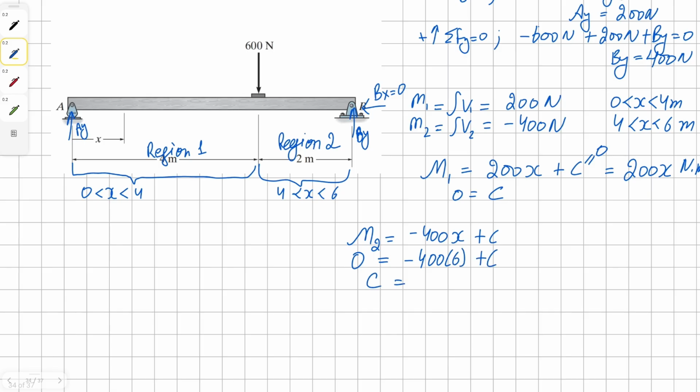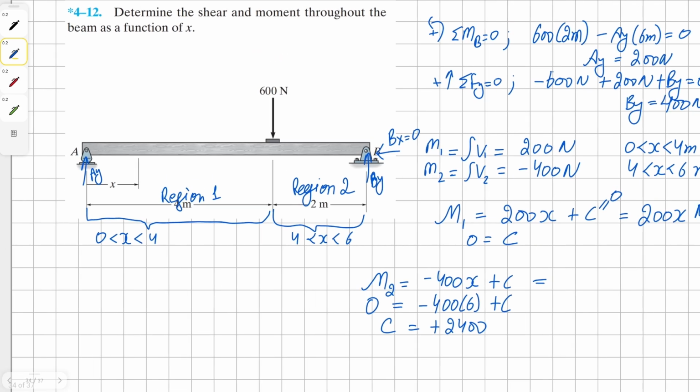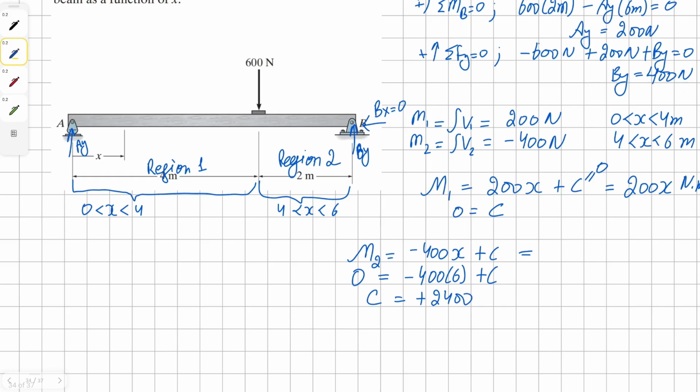Solving for c, we get our solution as positive 2400 as value for c. Therefore, our equation for the moment as a function of x is going to be negative 400x plus 2400. And that's our solution.